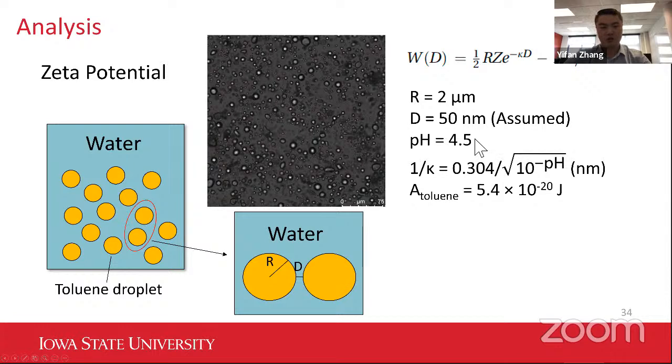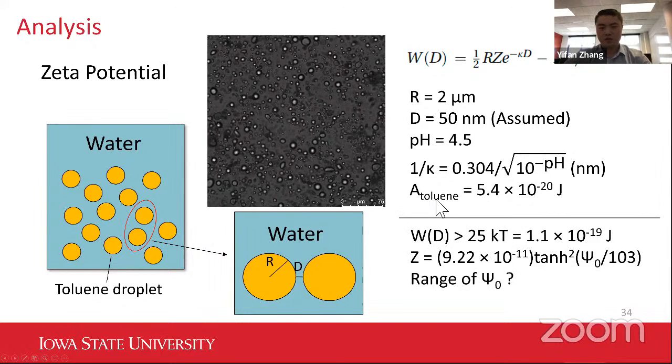The pH here is governed by the graphene oxide because there are some functional groups that will provide protons in the water. The boundary condition is just like our textbook says. The overall interaction will need to be more than 25 kT to stabilize the whole system. And the interaction constant is also involved here.